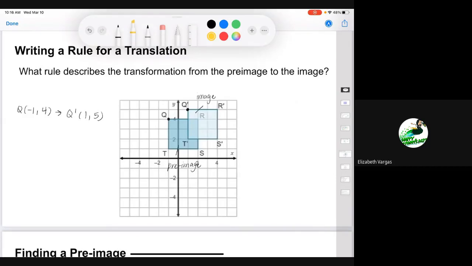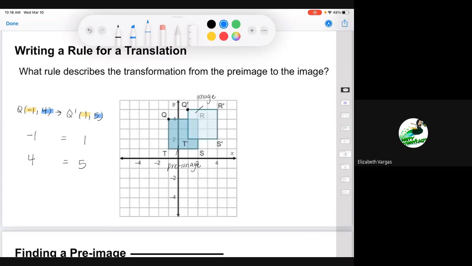So I want to see how these interact with each other. What is being added or subtracted to my x's and y's to create this? So I have -1 equals 1, and 4 equals 5. So what's happening here?